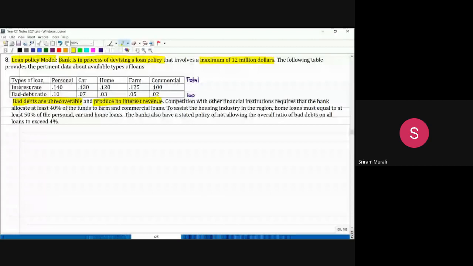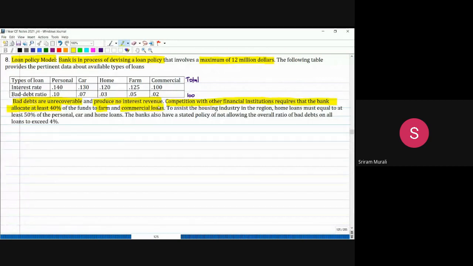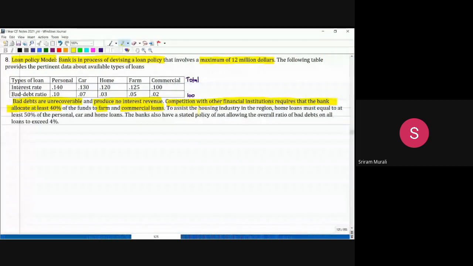Competition with other financial institutions requires that the bank allocate a minimum of 40% to whom? Farm and commercial. So 40% I should give to farm and commercial. To assist the housing industry in the region, home loans must be a minimum of 50% of home, personal, and car loans. In the last problem it was on the total, but here he says 50% only of car, personal and home loan.